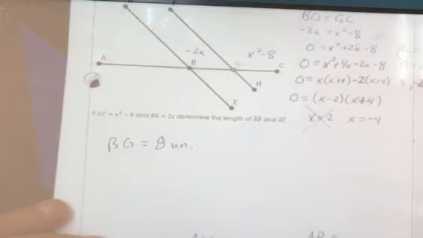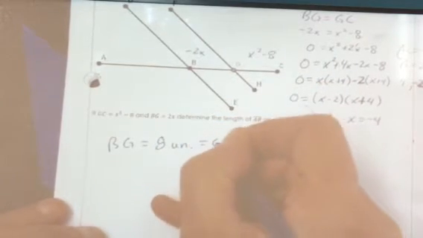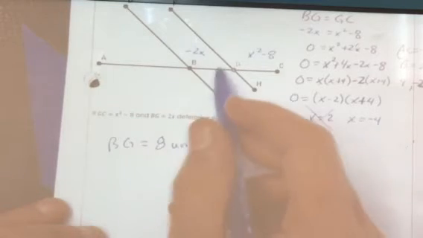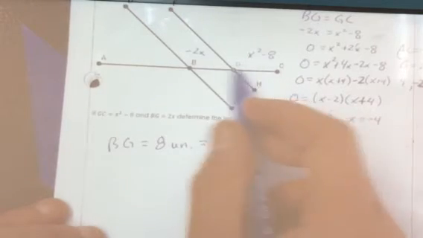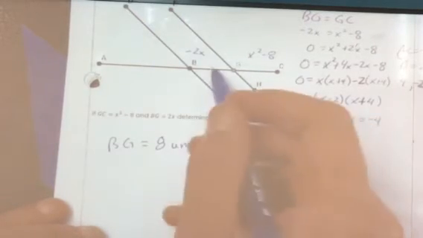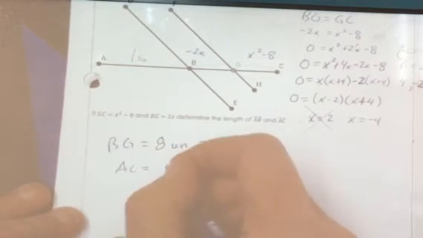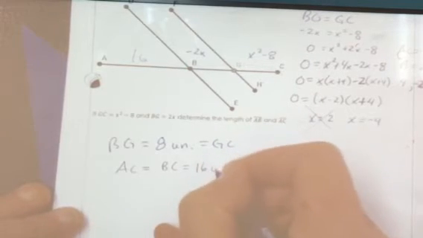Then we know GC because GC is the same as BG because of the bisecting here. So 8 and 8, 16. So then this is also 16. That's AC is the same as BC, is 16 units.